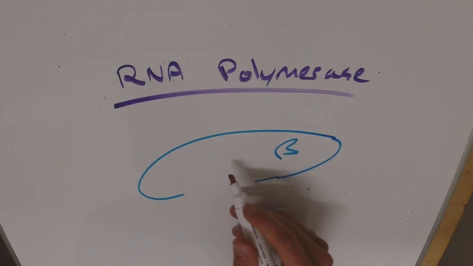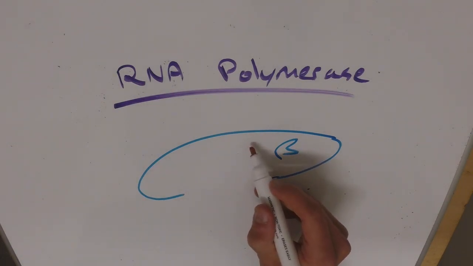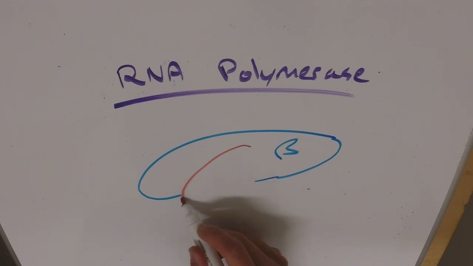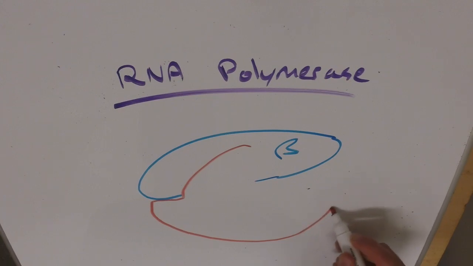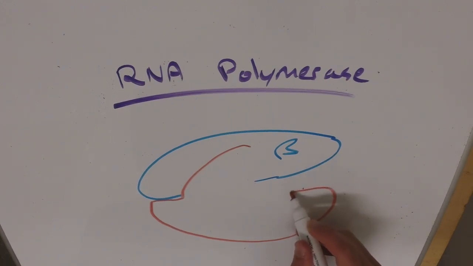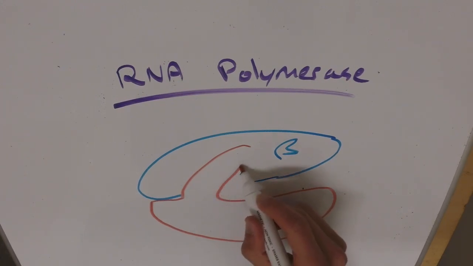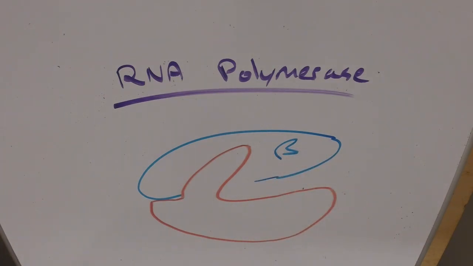Attached to the beta subunit is going to be our beta prime subunit. We'll draw this kind of like this. There's an opening over here on the right. Might be your left. Alright, but over here we have an opening of sorts.